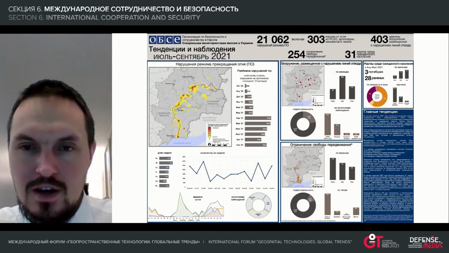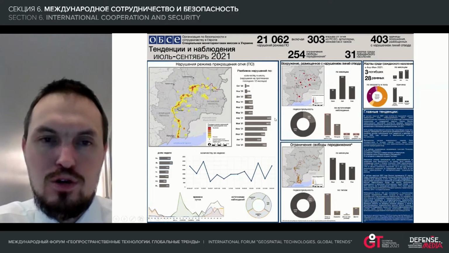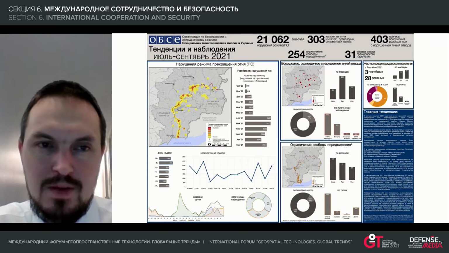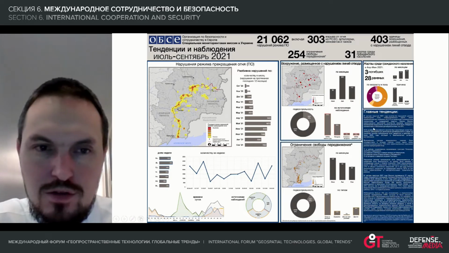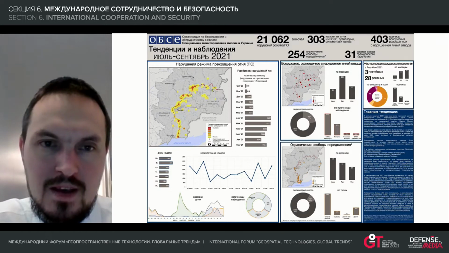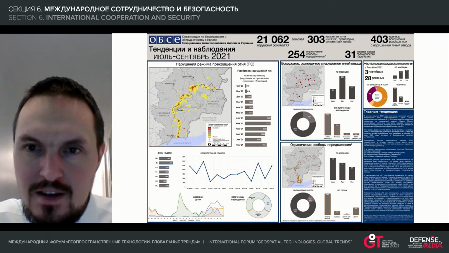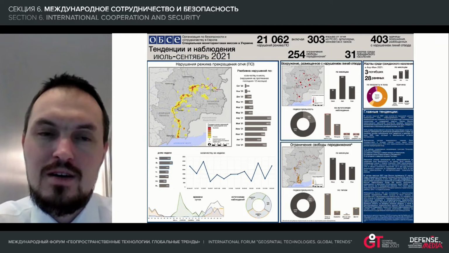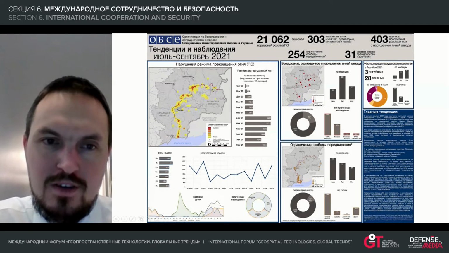That's a fragment of one of the short reports of a specialized monitoring mission. That's some conclusions and report on the trends of the period from July to September 2021. That's the way it looks on the map. That's examples of violation of the ceasefire and violation of the disarmament regime.